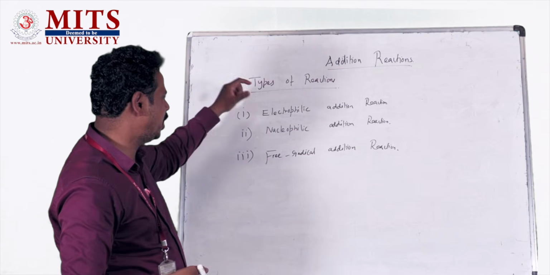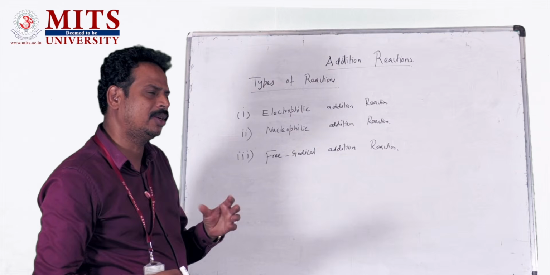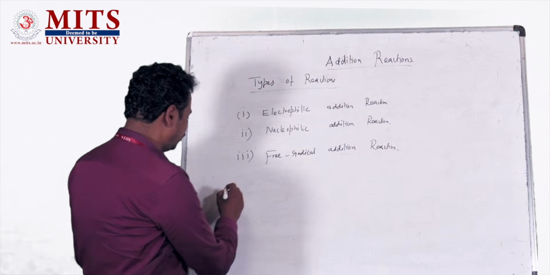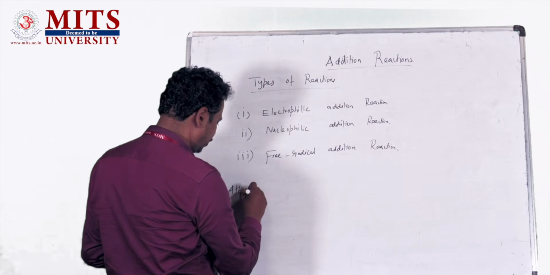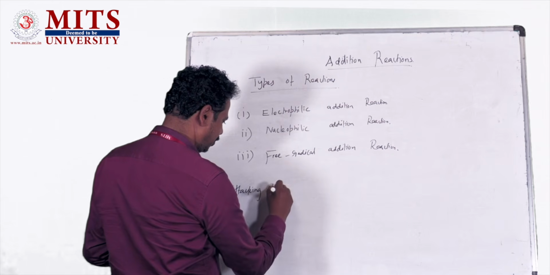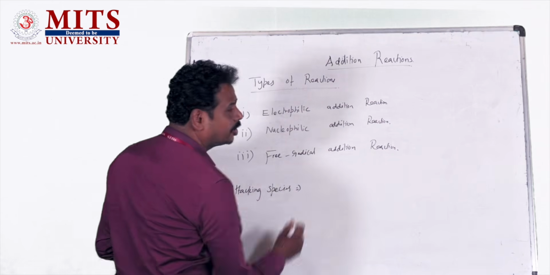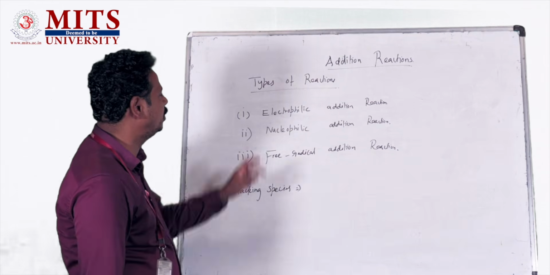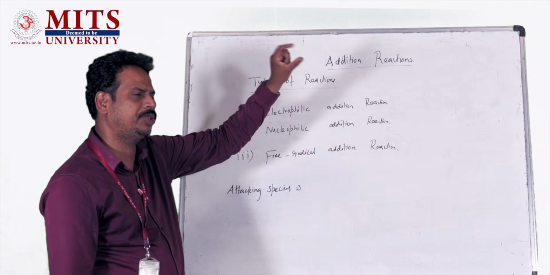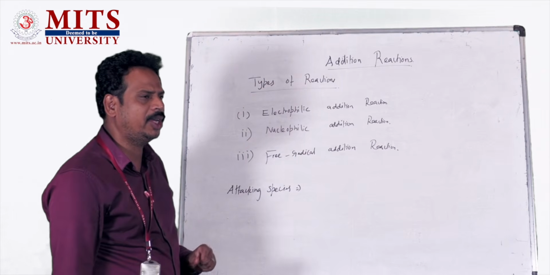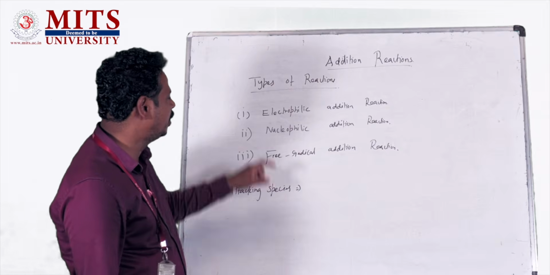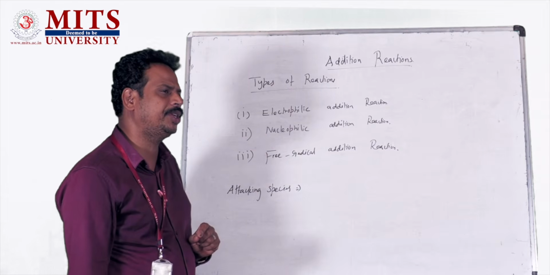So how are these named exactly? It is based on the attacking species. If the attacking species is an electrophile, then it is called an electrophilic addition reaction. If the attacking species is a nucleophile, then it is called a nucleophilic addition reaction.